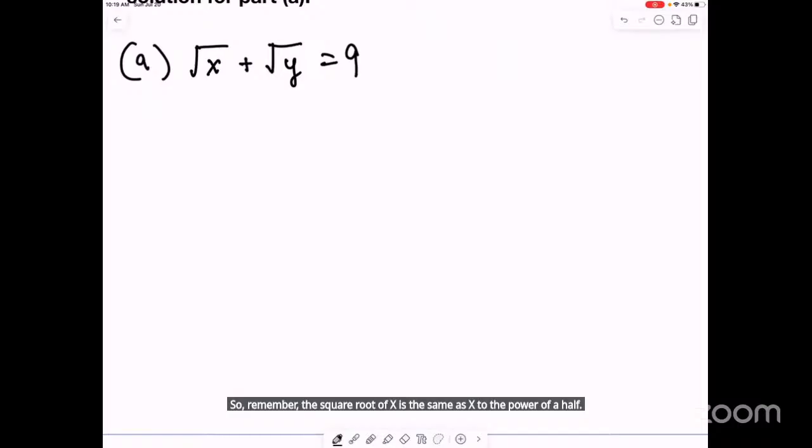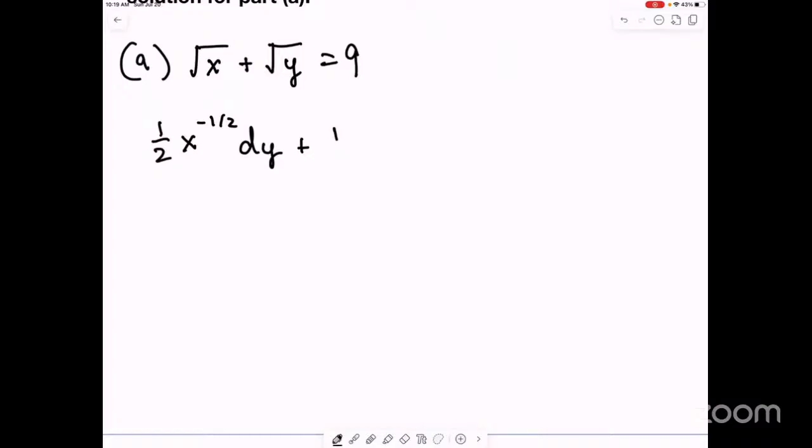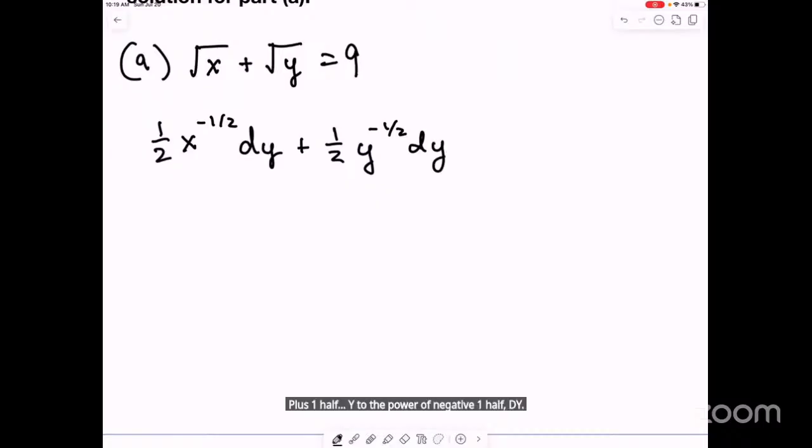So I'm going to bring the power down. So then we'll have 1/2 x to the power of a negative 1/2 dx plus 1/2 y to the power of a negative 1/2 dy equals, the derivative of a constant is 0.